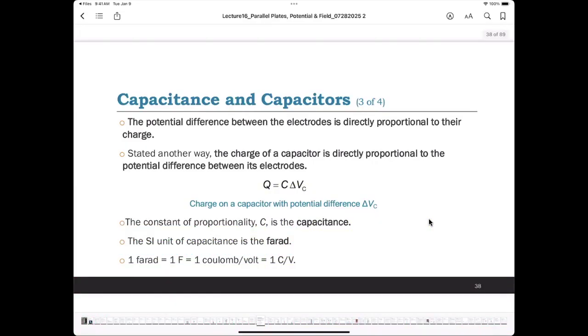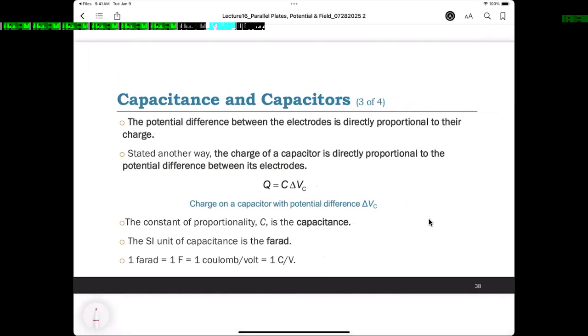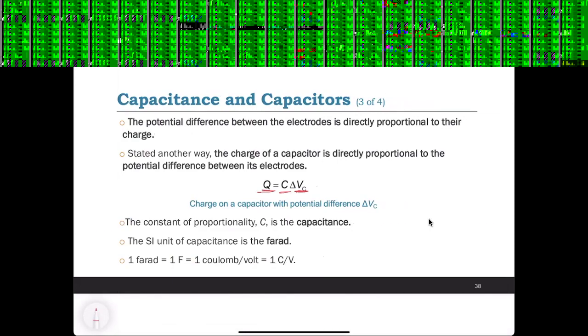Okay, the potential difference between the electrodes is directly proportional to their charge. Stated another way, the charge on a capacitor is directly proportional to the potential difference between its electrodes. You can see here, this is the charge of the capacitor, this is the capacitance, and this is the electrical potential difference.